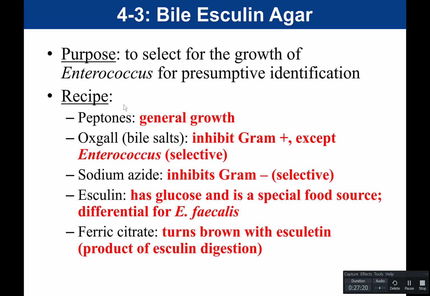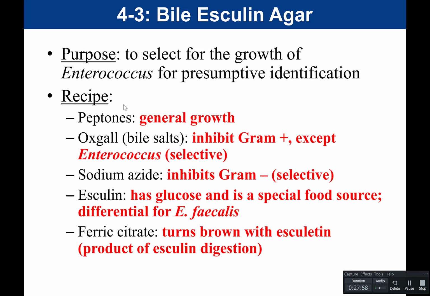So we have peptones. Peptones are there for general growth. We have oxgall, or our bile salts. This is used to inhibit gram-positive. If you think back to when we did our coliform testing, we had BGLB, which had bile salts. And if we were trying to grow coliforms, they are gram-negative, right? So in our BGLB broth, we had it there to inhibit gram-positive. In this test, it takes it a step further because the bile salts will inhibit gram-positive except Enterococcus.